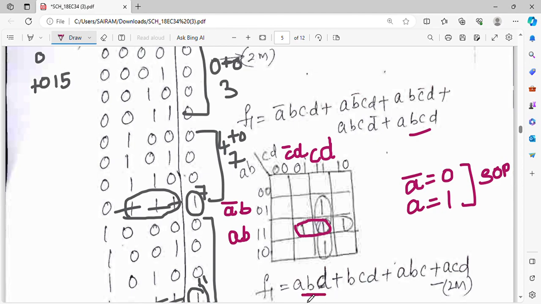This is your ABD as common. And now in this row, you have CD in this column, you have CD in this column.